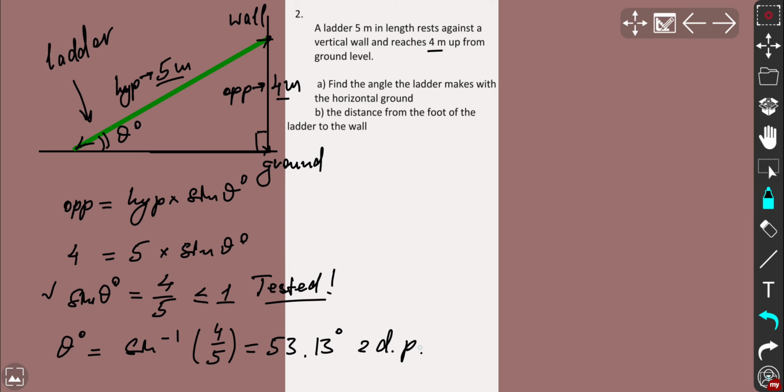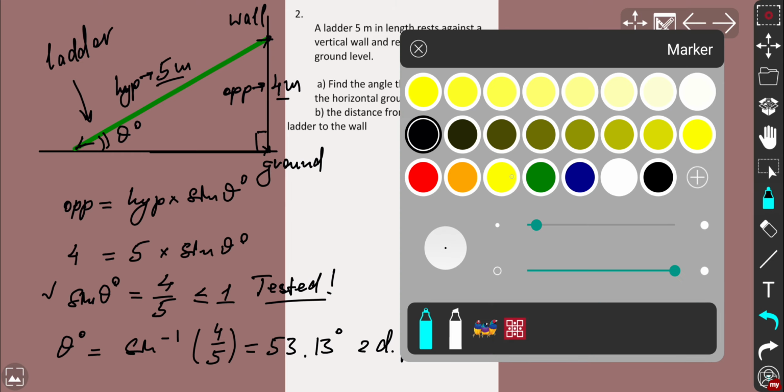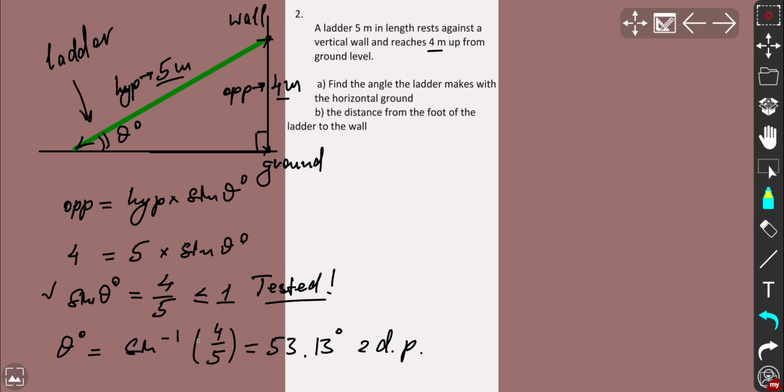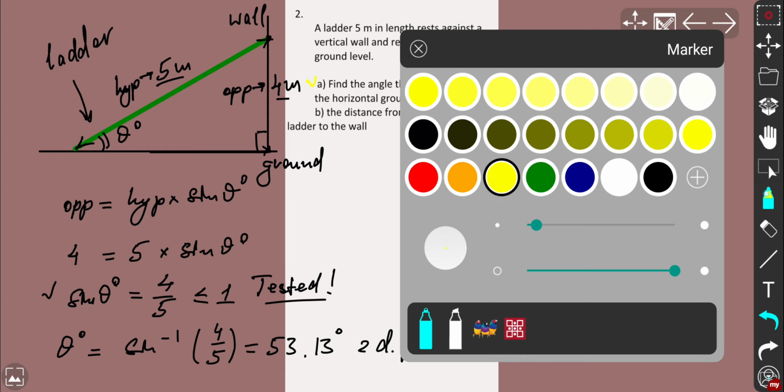That's the answer to the first one. So I'm going to highlight it: theta equals 53.13 degrees, 2 decimal places. Okay, we've done the first one, and let's go next.